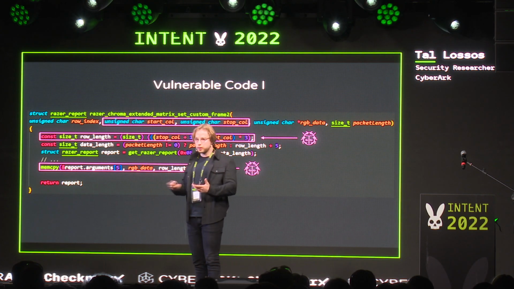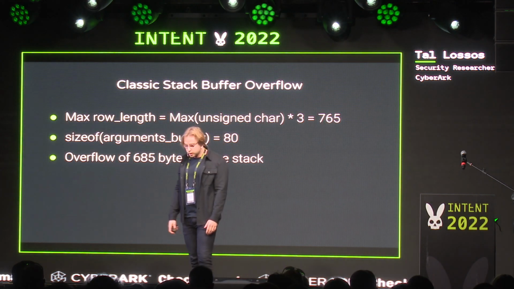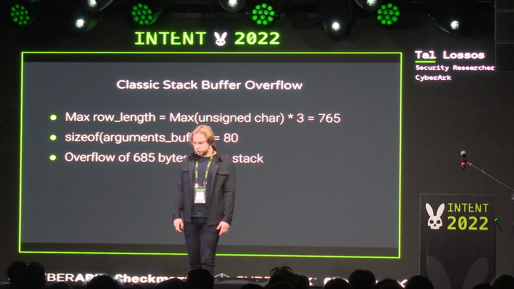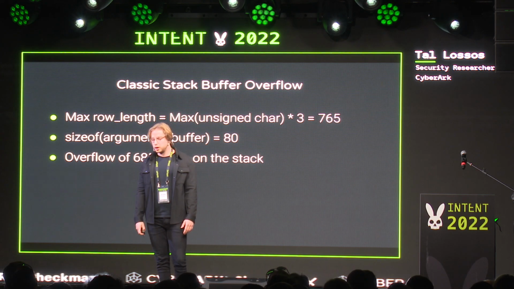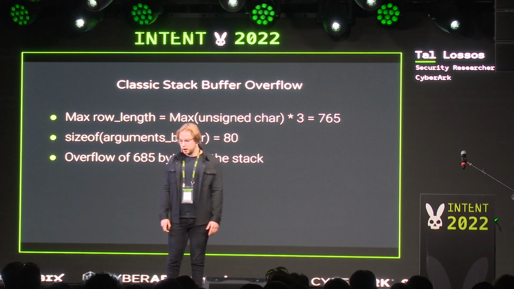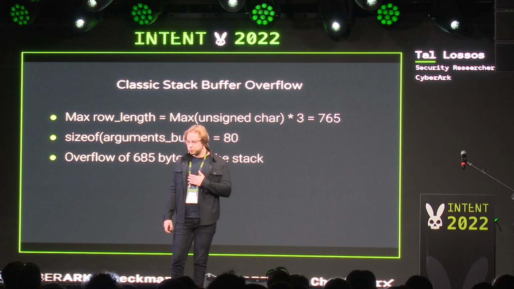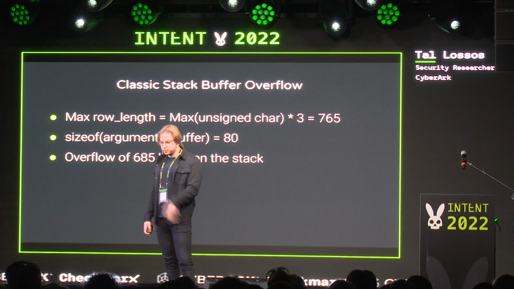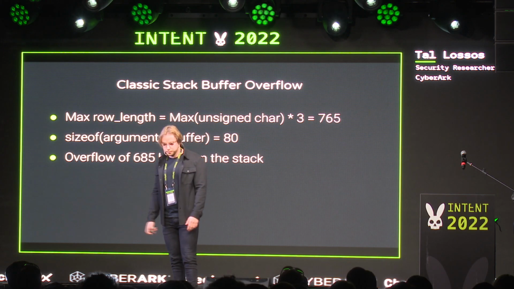So we have a very simple, very classical buffer overflow vulnerability. Because we have full control over the length, the max size that we can give to the memcpy operation is 765. Because the arguments buffer has a length of 80 bytes, we can overflow the stack by 685 bytes, which is quite amazing on its own.